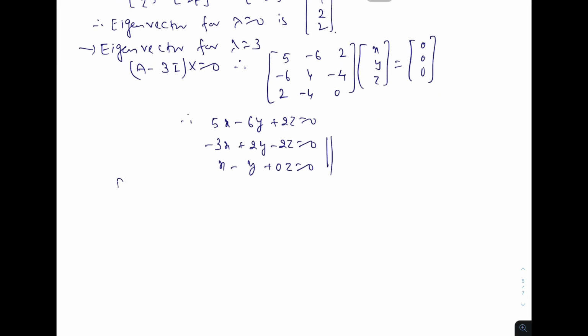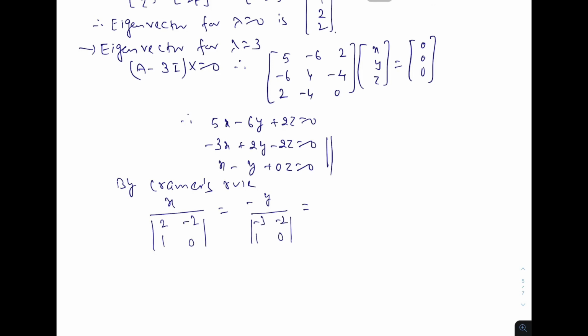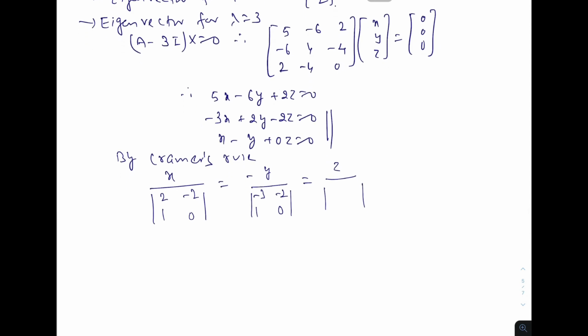So by Cramer's rule, x over the coefficient of y and z, so 2, minus 2, 1, 0, equal to minus y over the coefficient of x and z, minus 3, minus 2, 1, 0, and z over the coefficient of x and y, so minus 3, 2, 1, minus 1.